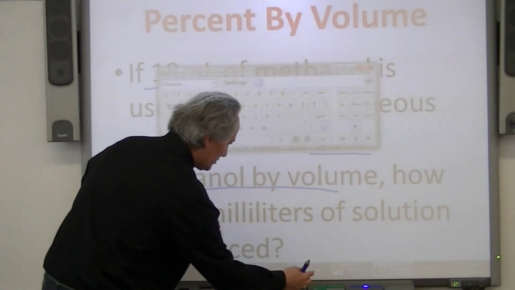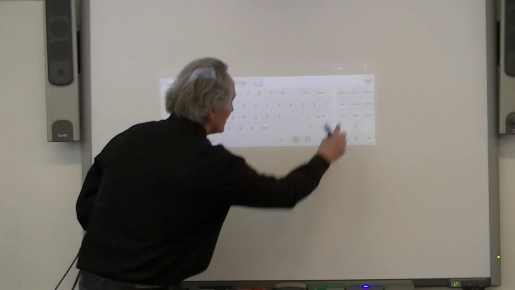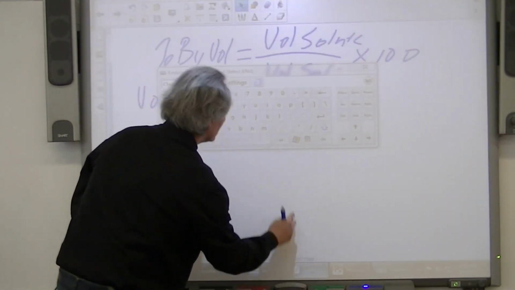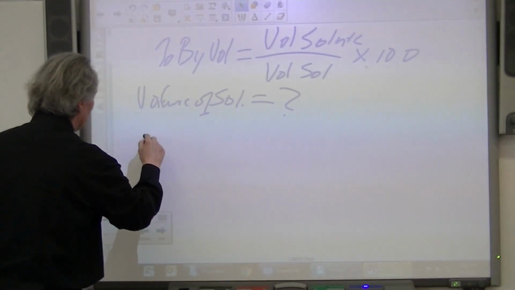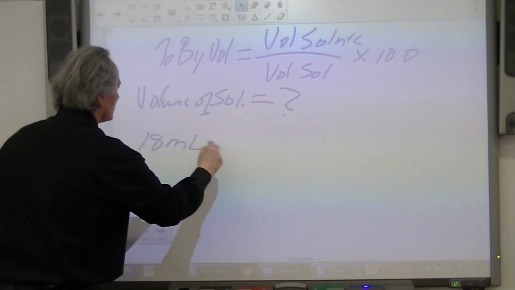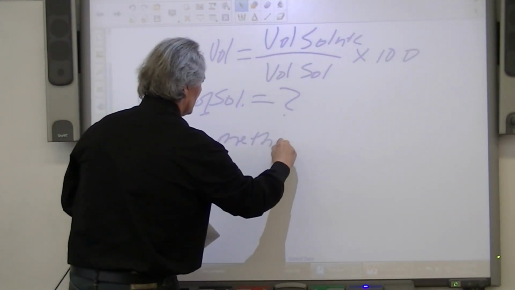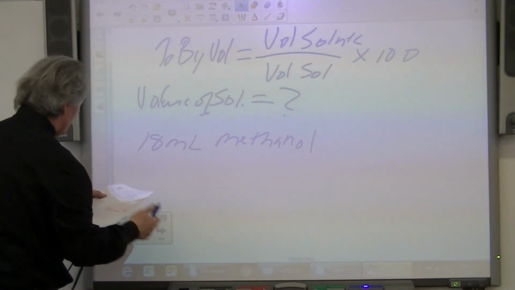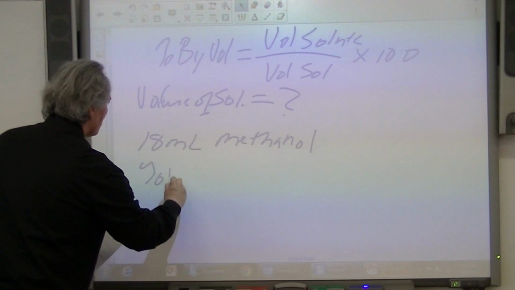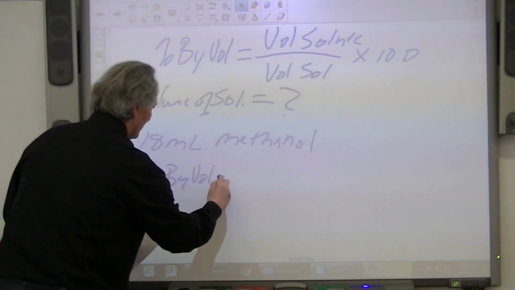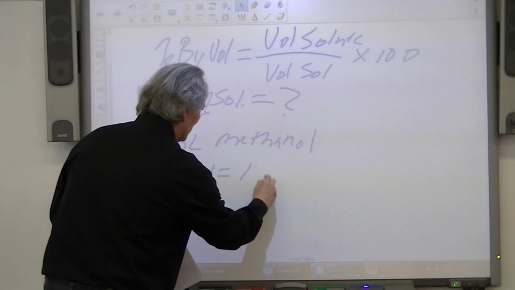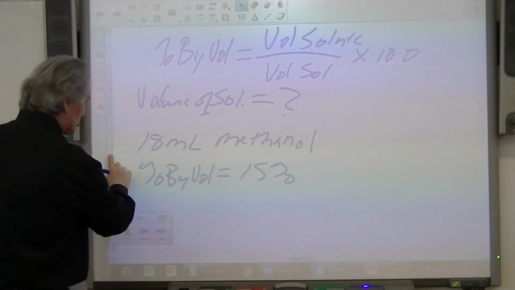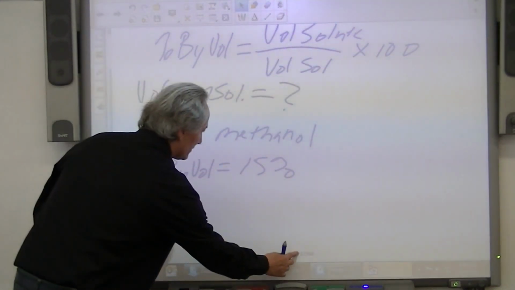The data that was given was, in fact, 18 milliliters of methanol. In addition, they gave us the percent by volume of the methanol, which equals, in fact, 15%. And we are looking for the volume of solution. That is our unknown. Let me scroll this up a little, and then we can complete this.